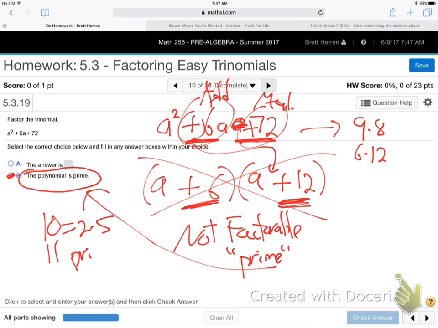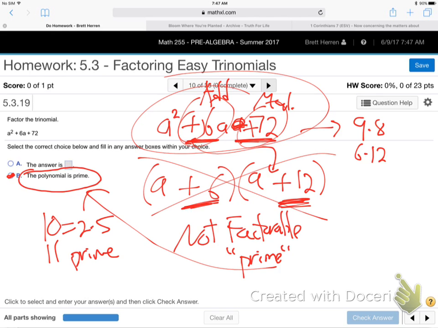That's called prime, right? Well, in the same way, this is a prime trinomial. It's a prime three-termer that cannot be broken down to two things multiplied. Make sense? So if it's just not doable, you just choose the prime option.